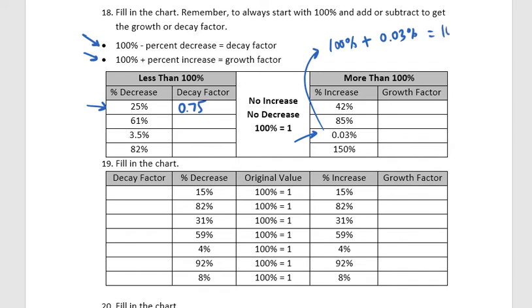So that's going to give me 100.03%. Now I want to turn this percent into a growth factor. To do that, I'm moving the decimal 2 places to the left, 1, 2. So it's going to be 1 point, and there are going to be some zeros, 3 of them in fact: 1.0003. That would be my growth factor.